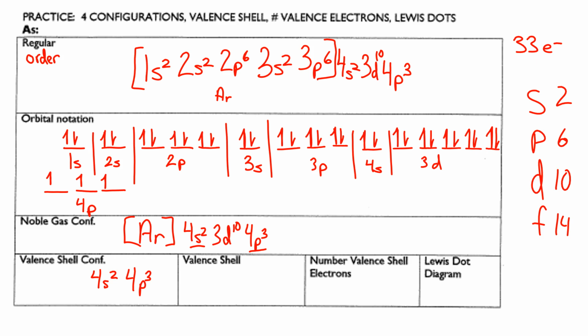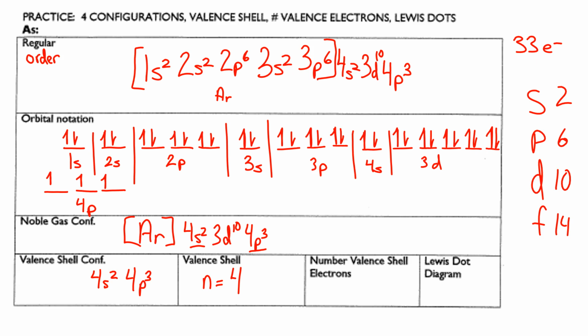Now, if I'm just looking at the valence shell, what quantum level are we in? What energy level? The quantum level is just energy level 4. So my valence shell is energy level 4, or quantum level 4.